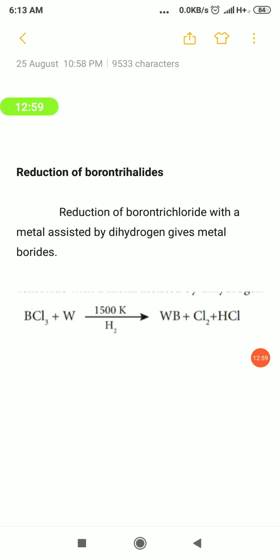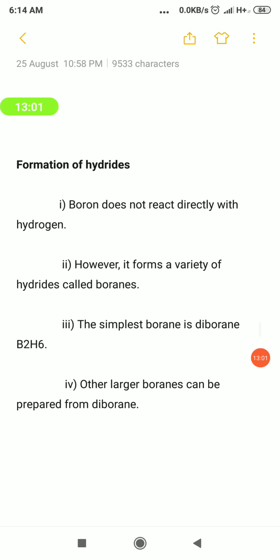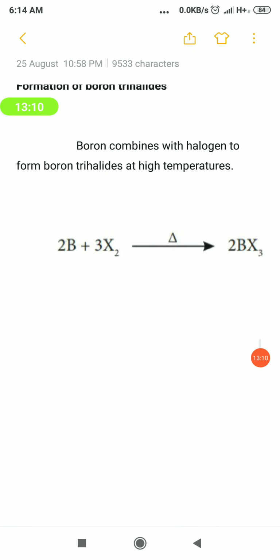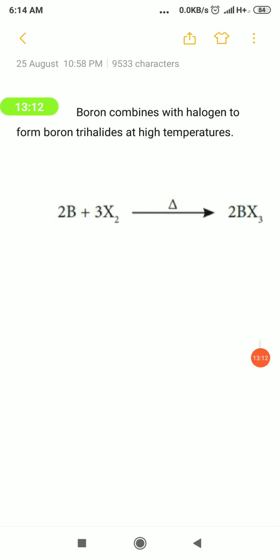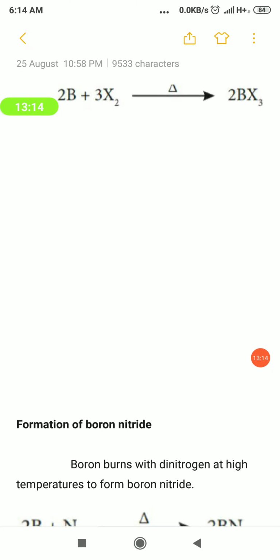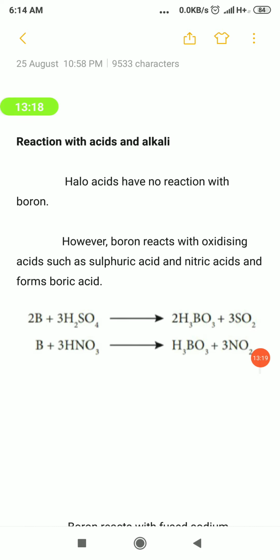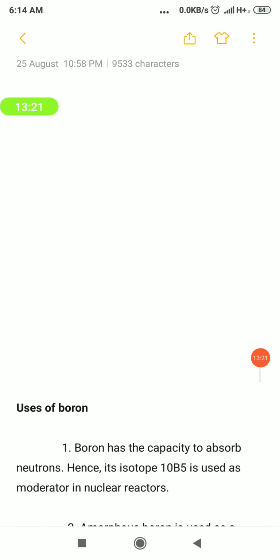And then the formation of hydrides. Hydrides cannot be prepared directly; in an indirect way we can prepare them. Also the preparation of diborane is given, and the preparation of boron trihalides, and the formation of boron nitride, and the formation of oxides we saw. Then finally the reaction with acids and alkali.